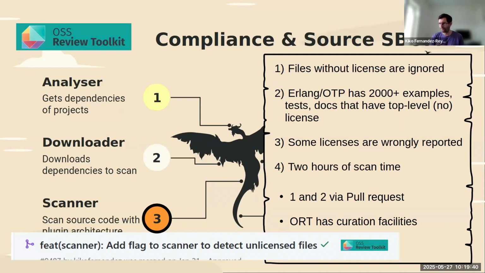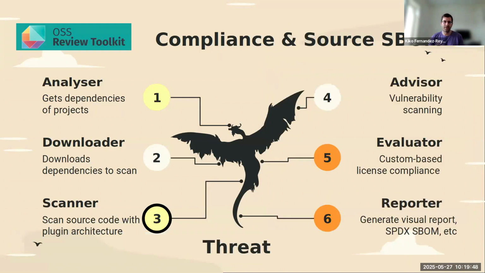And that we're not going to introduce a license that we don't accept. So because of that, I'm going to mark the scanner as yellowish because it takes 2 hours of time and we definitely cannot deal with that.